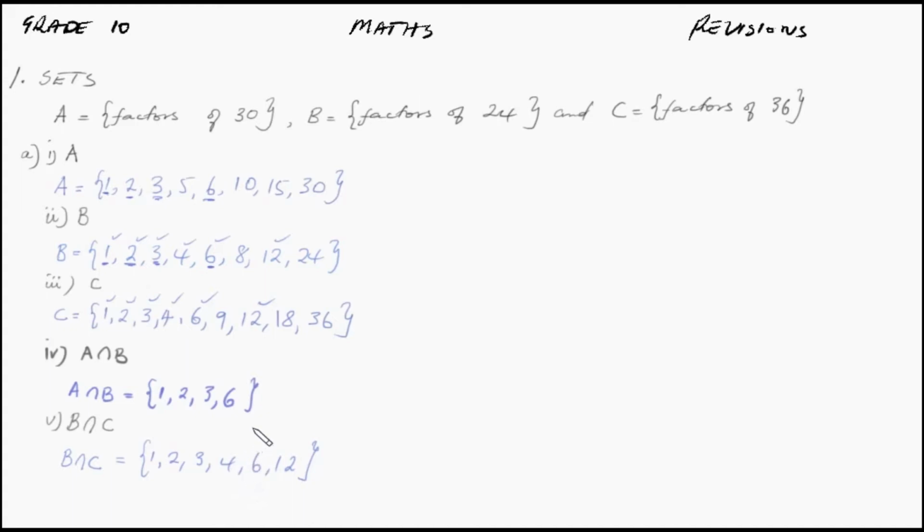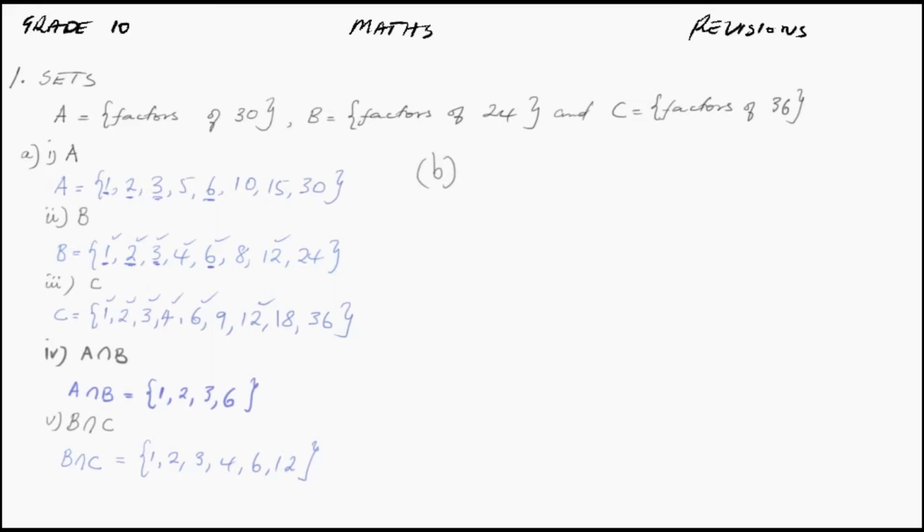Now part B of this question says you write down the sets of common factors of 30, 24, and 36. Common factors of 30, 24, and 36.